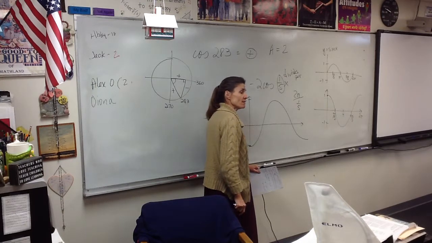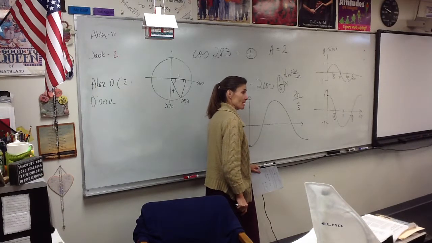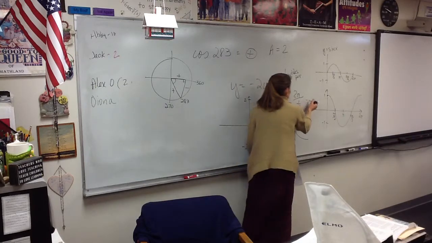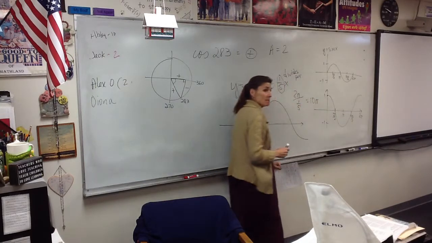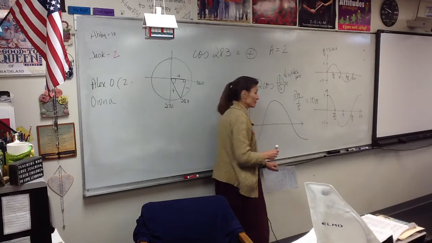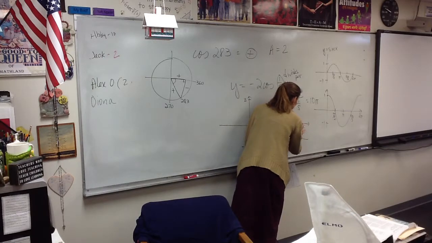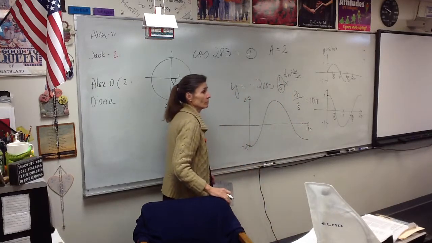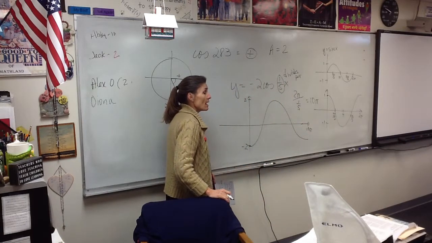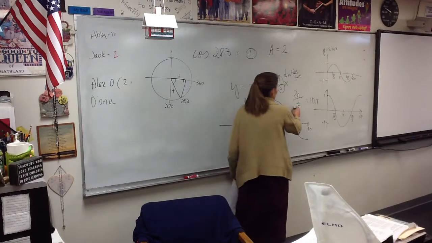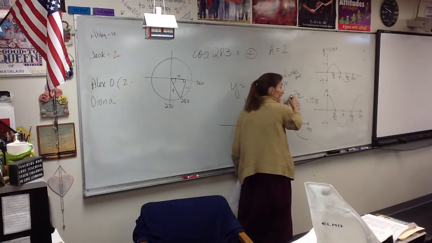Dividing by 1/5 is the same as timesing by 5. So this is actually 10 pi. This picture ends at 10 pi. Everything got times by 5.